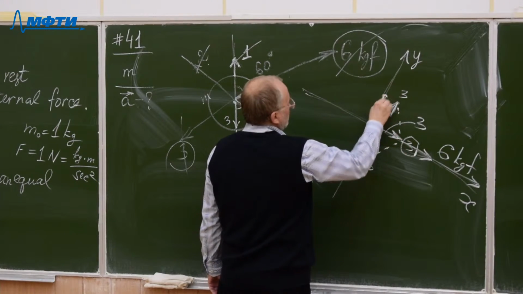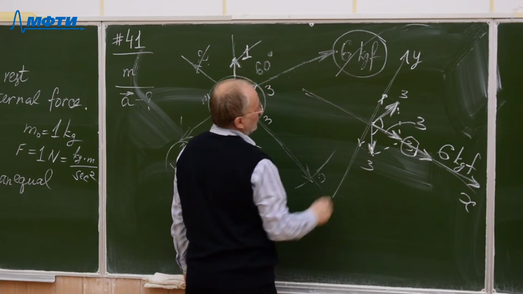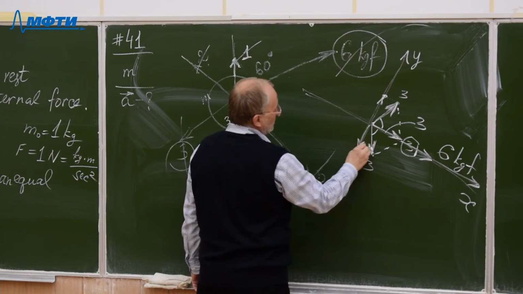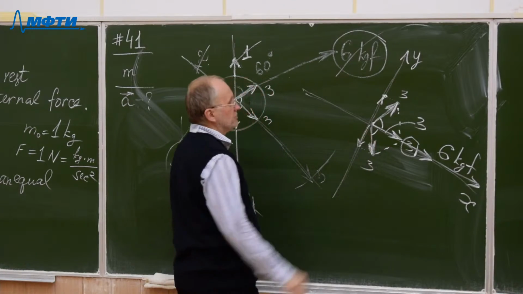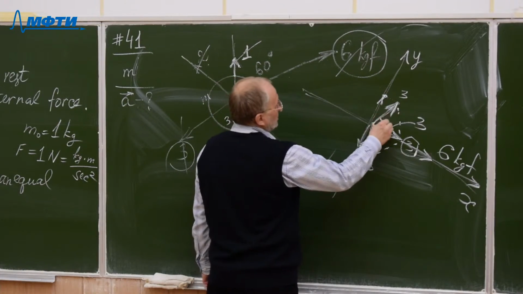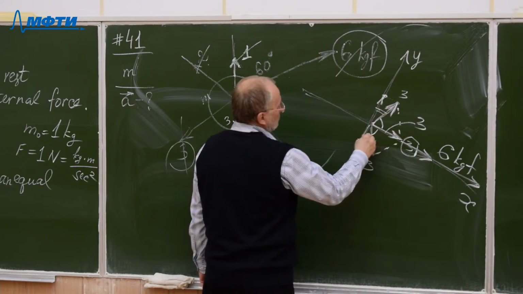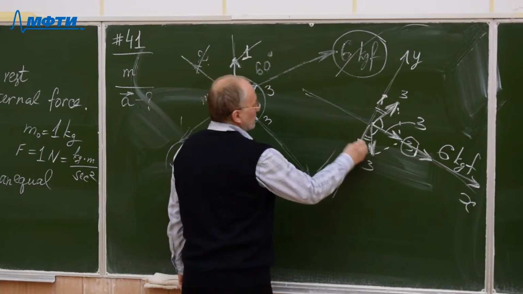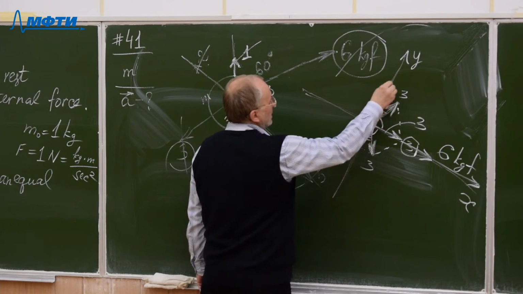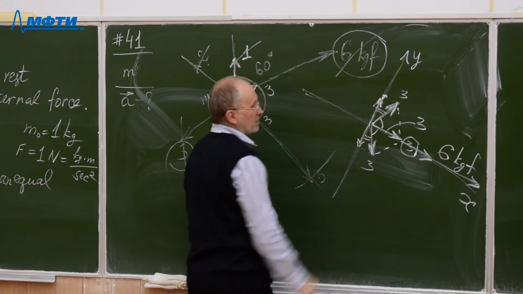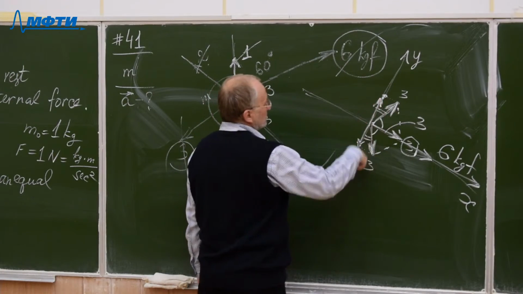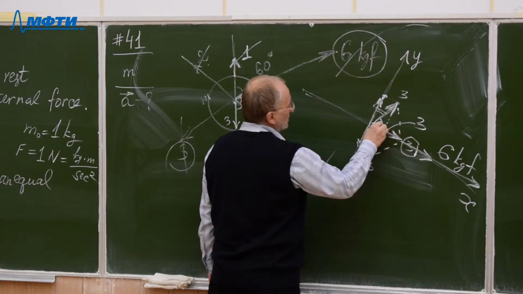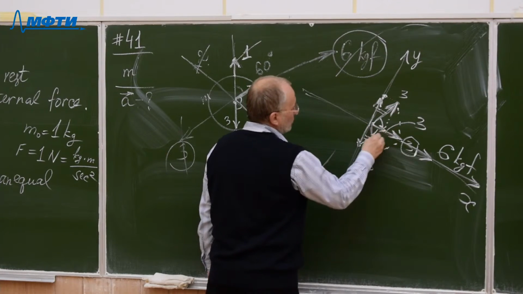This is the component of the vector on the y-axis, and this is again the component of the other vector of the same magnitude on the y-axis. These 2 angles are equal. This is 30 degrees, and this is also 30 degrees. So the components along the y-axis are equal and oppositely directed. They will cancel each other. They will balance. And what will remain is only the component of each vector directed along the x-axis.